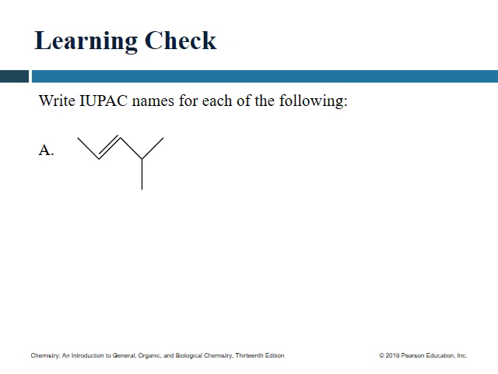So now let's start counting 1, 2, 3, 4, 5. This is my parent chain. Then you have to write the substituent on the fourth carbon, which is a methyl group, and you have to write the location of the double bond.